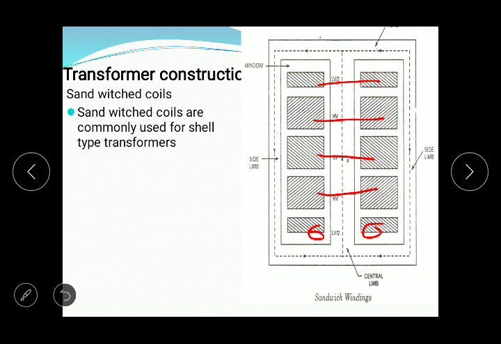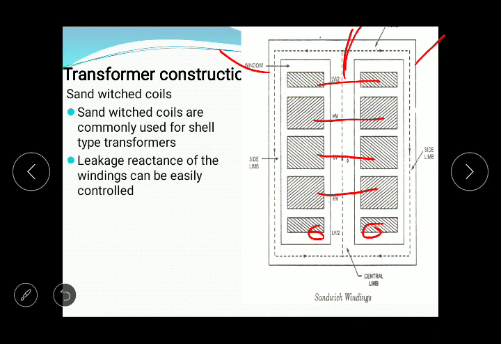Sandwich coils are commonly used for shell type transformer. Shell type transformer has three limbs: one main limb, this one, and these are the two outer limbs. The leakage reactance of the winding can be easily controlled in the sandwich coils, that means the shell type transformer.